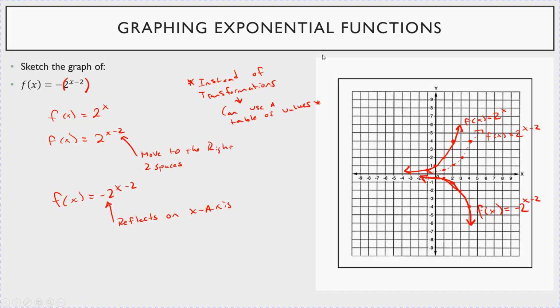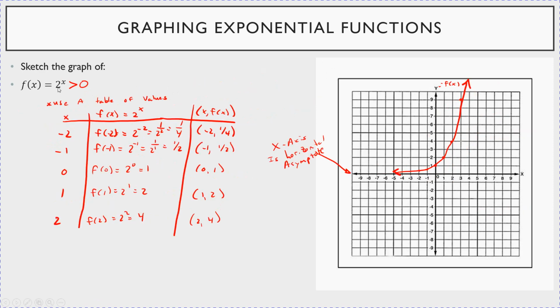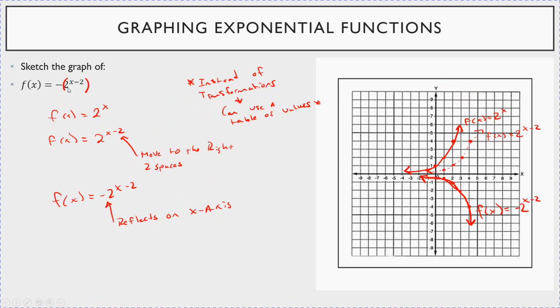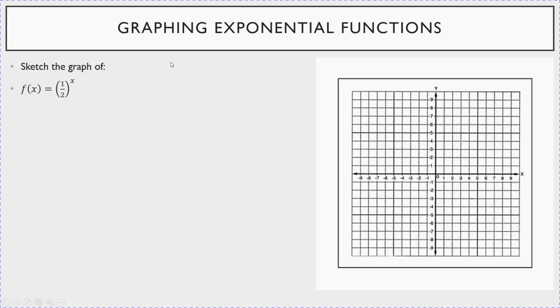Okay, let's do one. In all these examples, the base was 2. Let's do one now where the base is a fraction, so it's 1/2. Let's sketch the graph of this. Maybe I have no idea what this looks like.